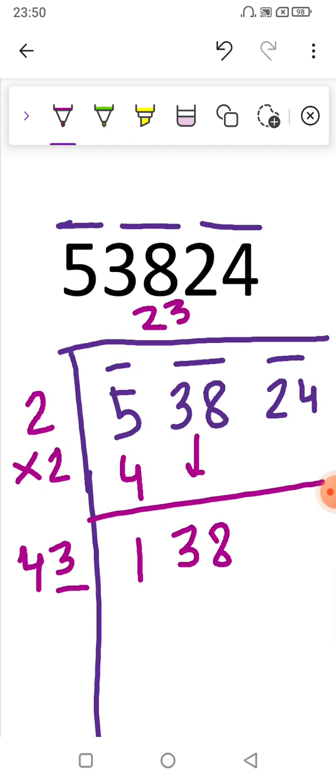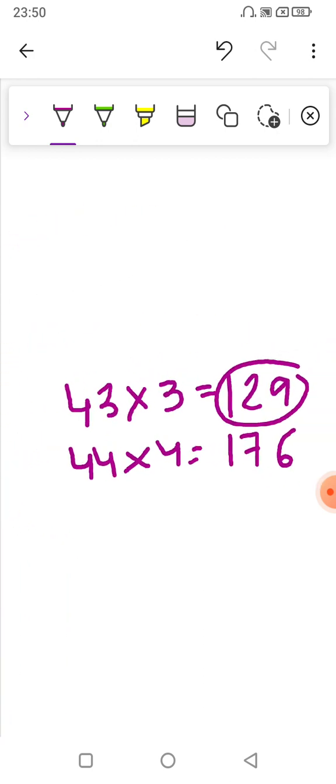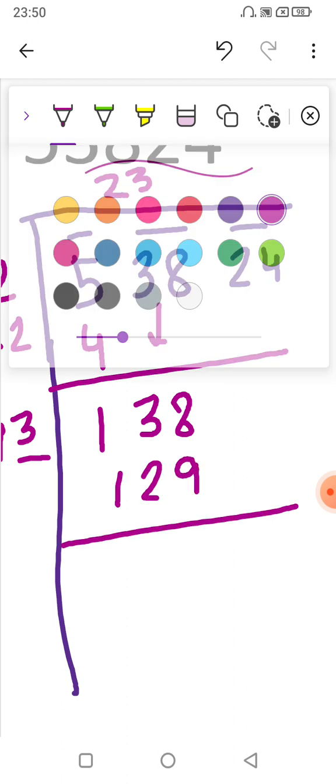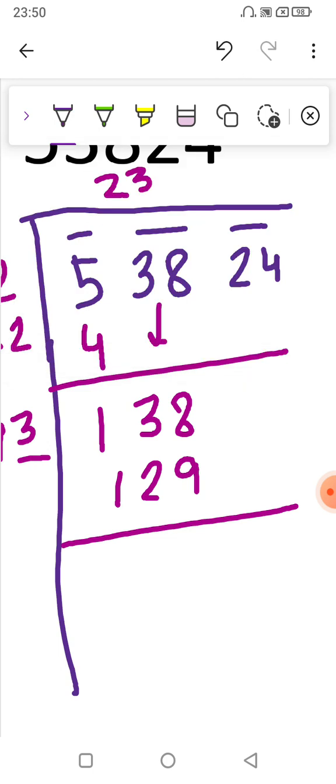So this is done, and at this position we are going to write 129. Now we are going to deduct the number, 138 minus 129. After subtracting we get 9.